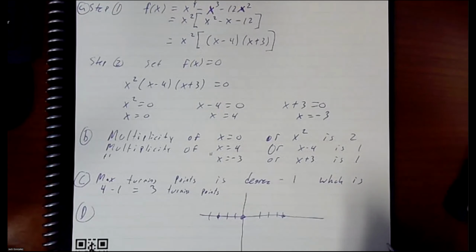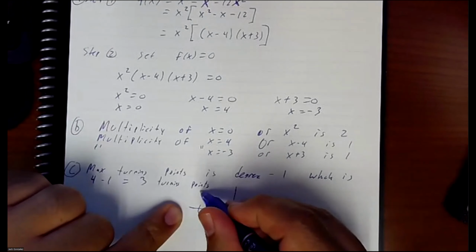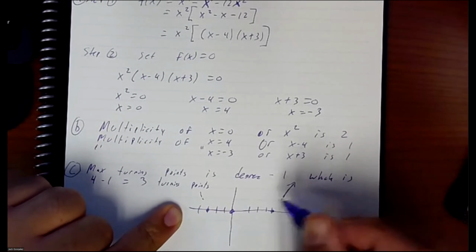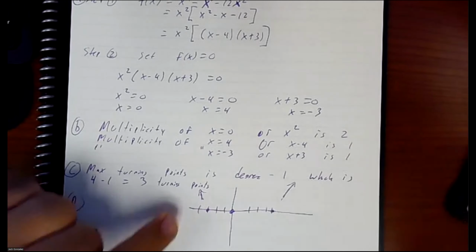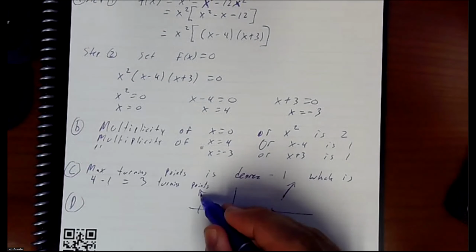Look at the end behavior. This is positive on the highest power, so it's going to rise on the left and right. It's going to be doing this thing. All right, so up here it does this. At -3, it's going to cross.